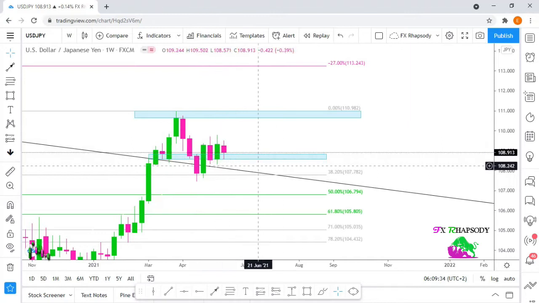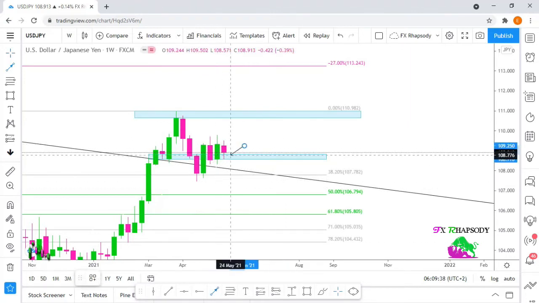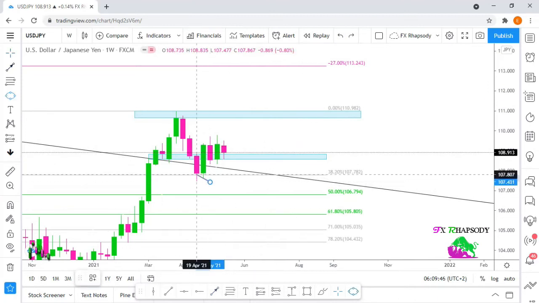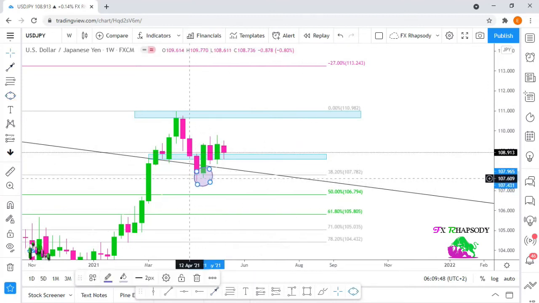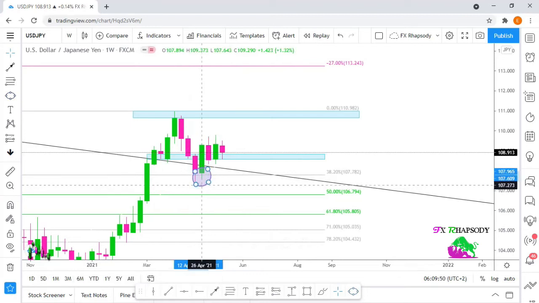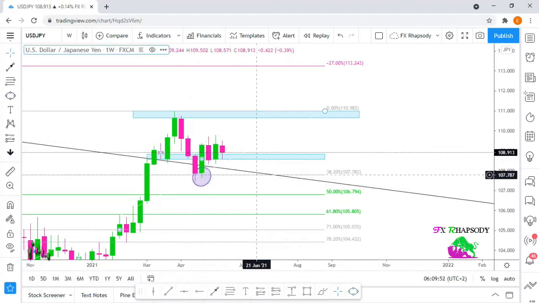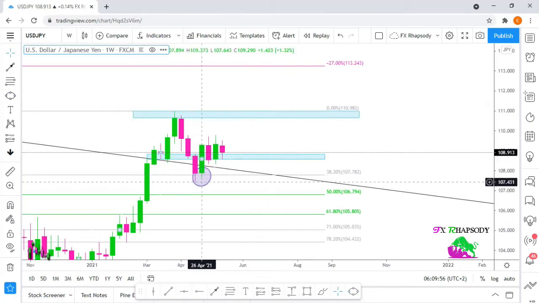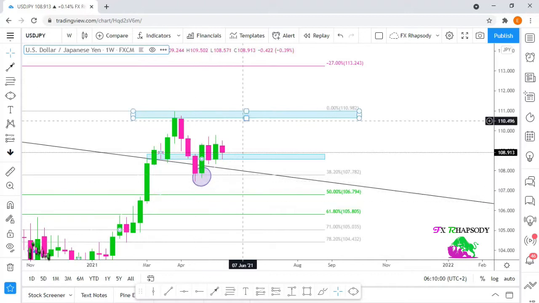Currently we can see that price has retested this support area once again. Also on the weekly, we can see the touch of the 38.2% very nicely over there. Price came down to retrace onto the 38.2%, and it started bouncing off it.